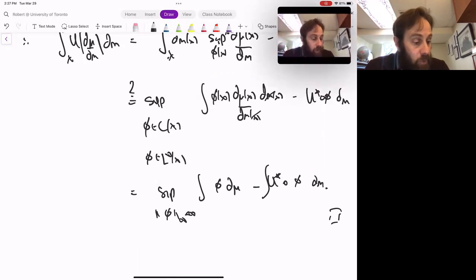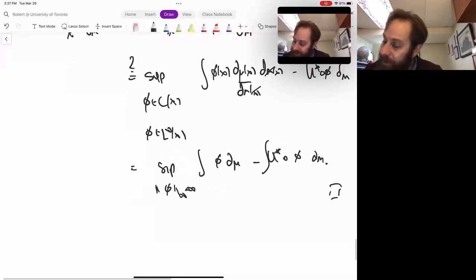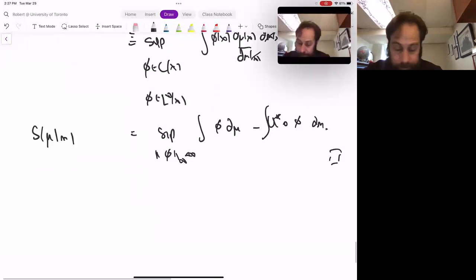And what is this thing good for? It's very convenient for several reasons, but here are the corollaries that I want to harvest from this representation of the relative entropy of mu with respect to m.